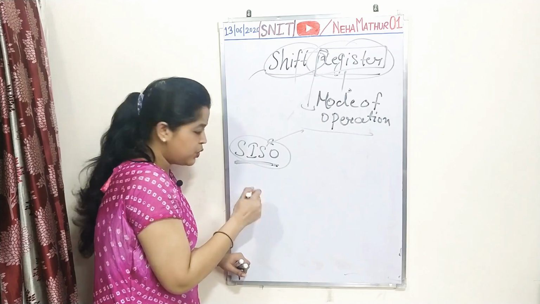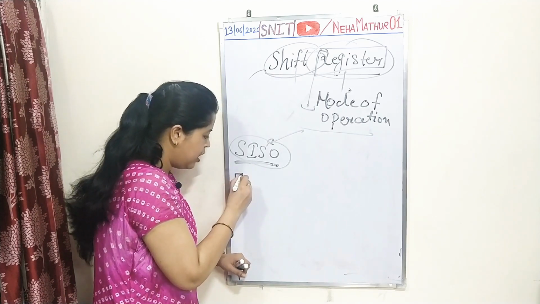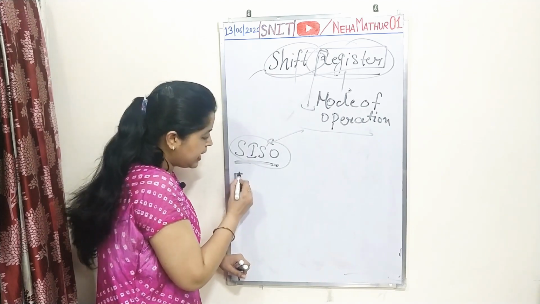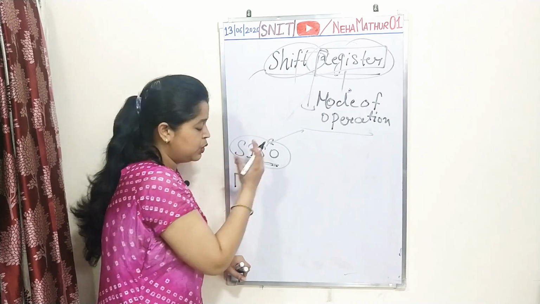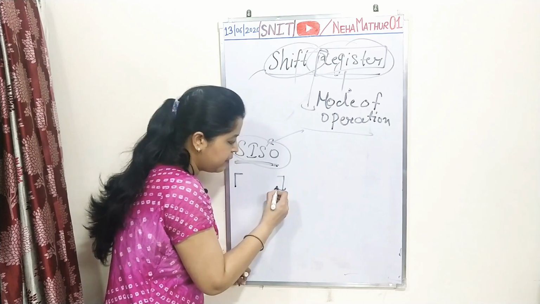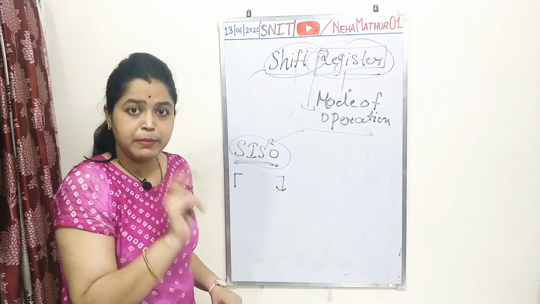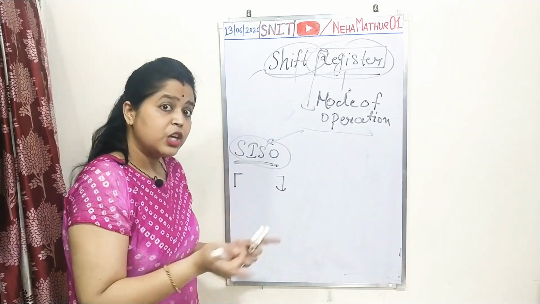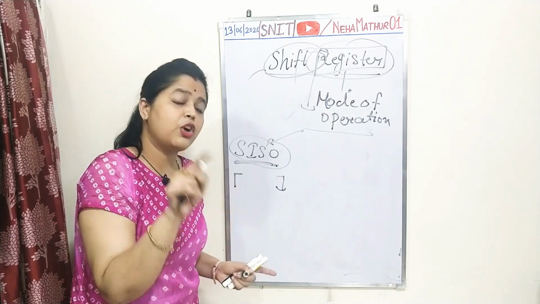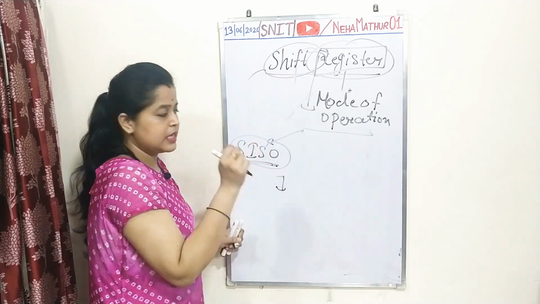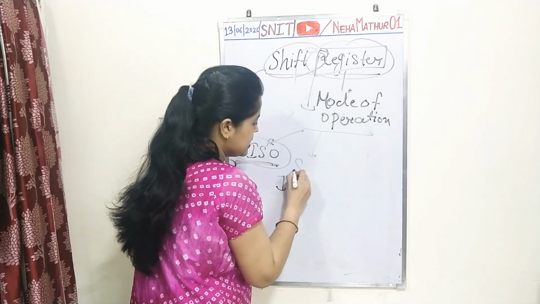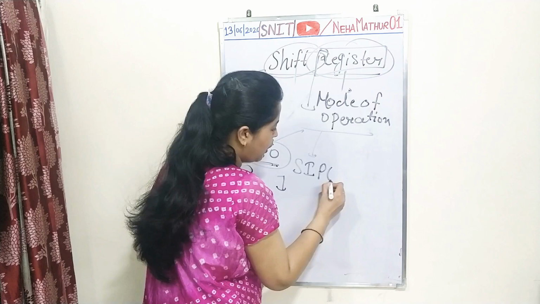Serial in means you are entering your data from one side, and the data is shifted in a serial manner from one flip-flop to the second, from second to third, and so on, and you retrieve your data in serial output. With the storage, your data is also moving and transferring. That means shifting.